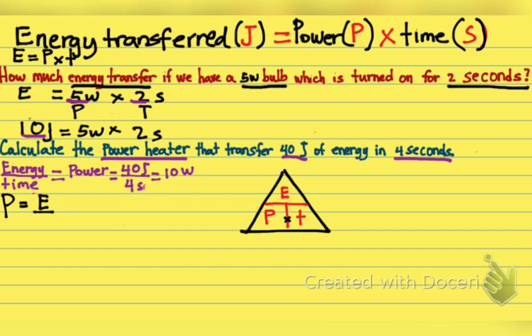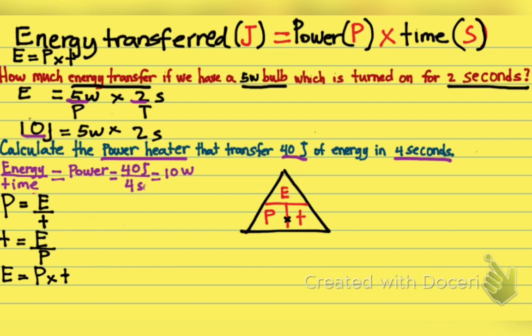If I don't know power, I can see that energy over time, which is another way of saying energy divided by time. If I don't know time, I divide energy by power to give me time. So you cover up what you don't know, and that shows you how you would calculate.